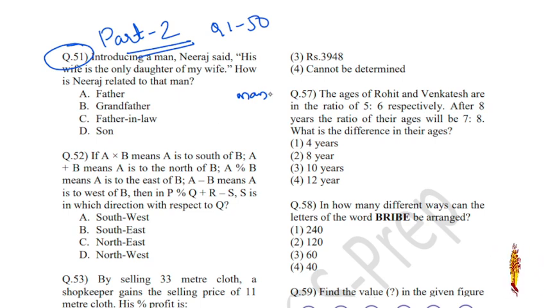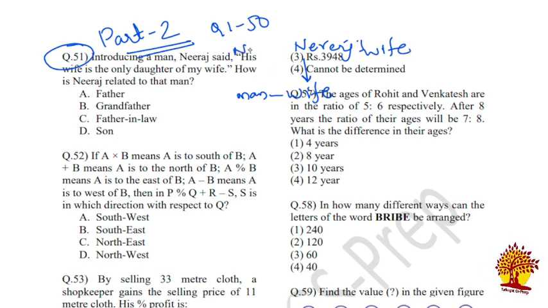Here, the man's wife is the only daughter of Neeraj's wife. What is the relation between Neeraj and the man? Here, father-in-law. The correct answer is option C, father-in-law. The only daughter of Neeraj's wife is the daughter of Neeraj, and her husband is the son-in-law of Neeraj.